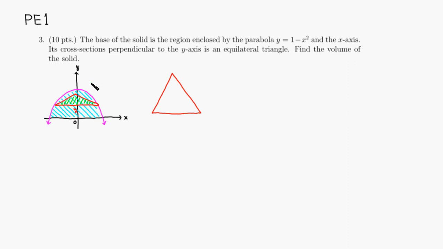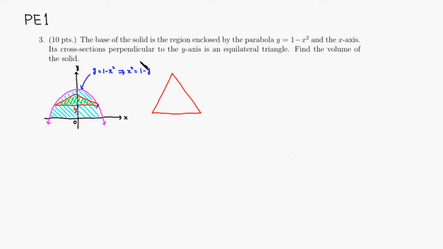Let's look at the equation a little more closely. The equation of the parabola is y equals 1 minus x squared. The distance from here to there is the x value, so I have to solve this equation for x. I'll switch x squared and y, so it's x squared on this side, then you have 1 minus y.